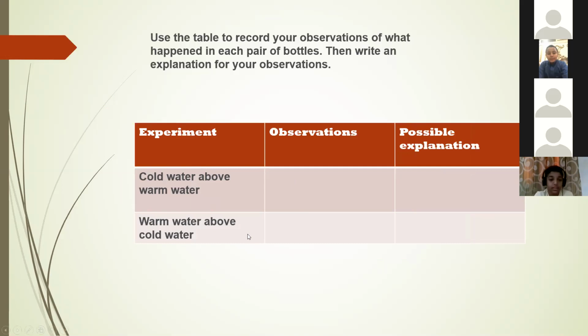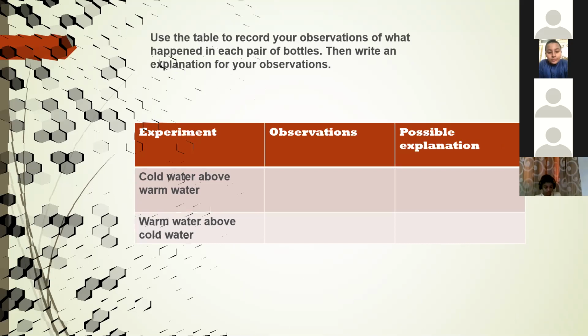Okay, it will mix. That's good. But if the warm water is up and the cold water is down, they will not mix. Who wants to give me another explanation?